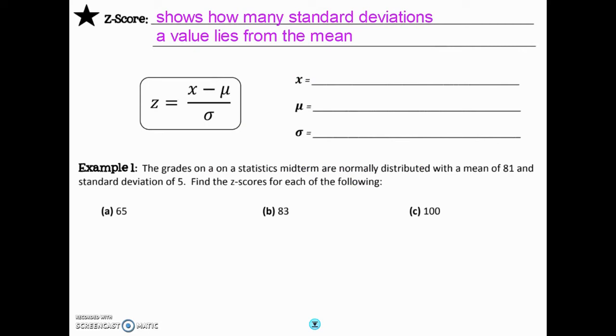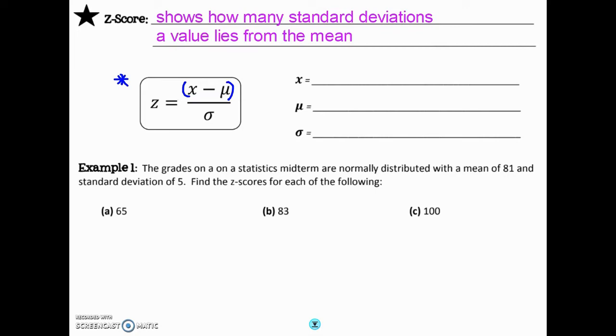So here's our formula of how to solve it. Z equals x minus mu over sigma. One big thing, if you're not using Desmos, make sure to put parentheses around this x minus mu. That way the calculator will do that first before dividing by the sigma value. Let's go over what these x, mu, and sigma are again.